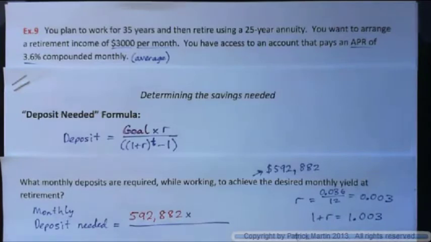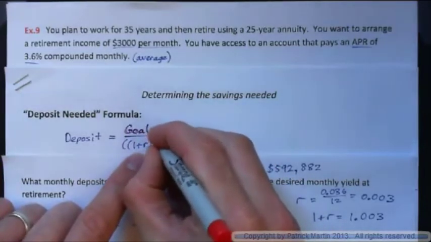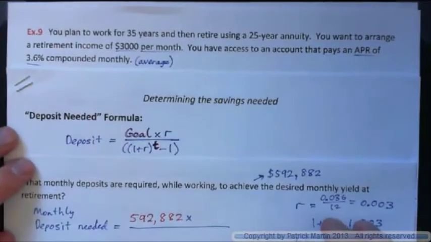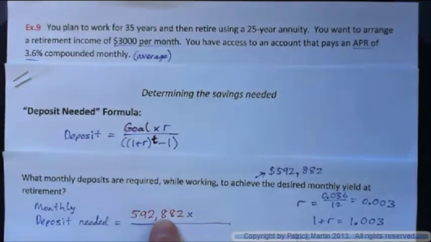But what's the T in this formula? There's a good question. What this formula is going to calculate, it's going to say, you want this amount of money, and it'll figure out what your monthly deposit needs to be, what you need to put into the bank each month to get that.